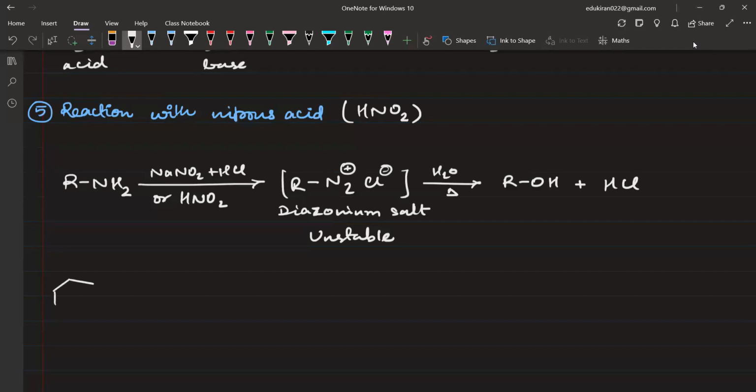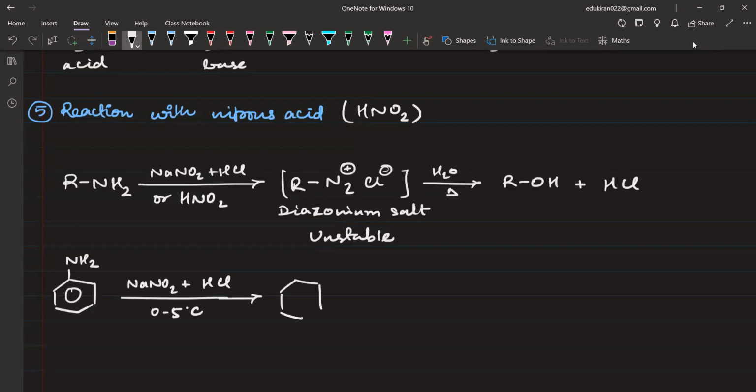A similar reaction is shown by aniline. Now, this aniline is actually quite stable. We have the same thing, NaNO2 plus HCl. That is also done at a quite lower temperature, and you get benzene diazonium salt.